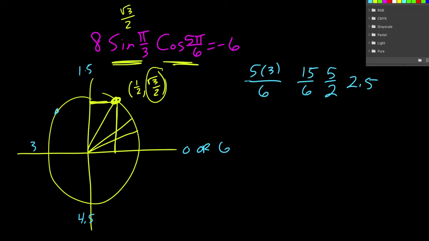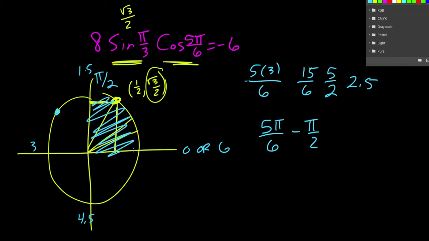So 2.5 is going to be somewhere in this quadrant. To find the exact spot, we're going to say 5 pi sixths, this time using pi instead of 3. And then we remember that this is really pi halves, the full value of that quadrant, and we're going to subtract out pi halves because that's what comes before it. That's going to cancel out this entire quadrant.